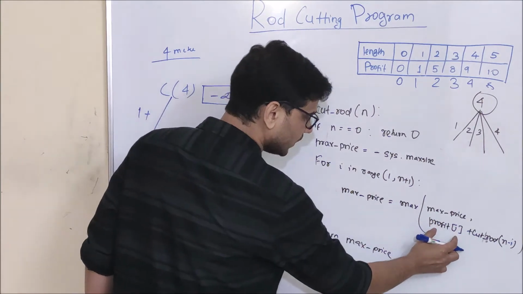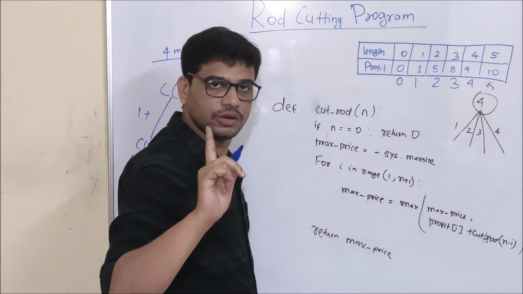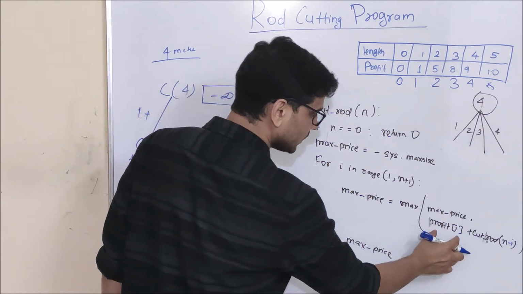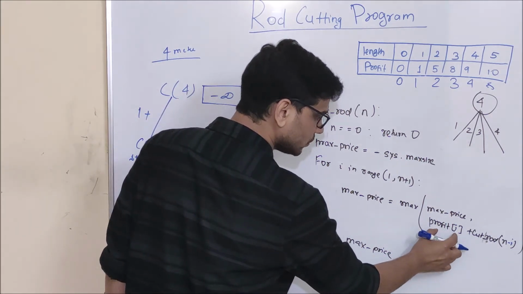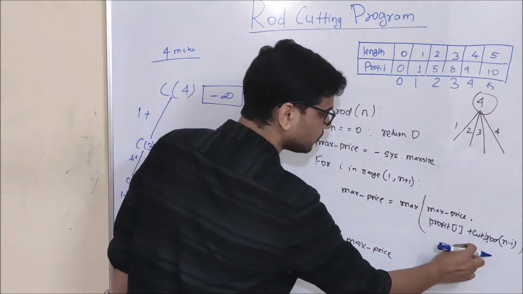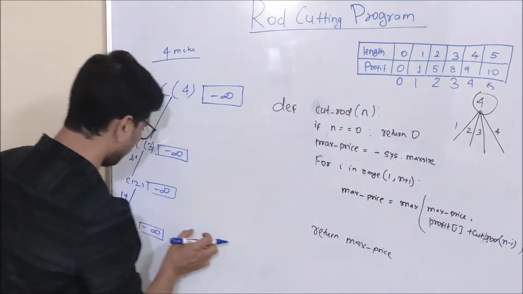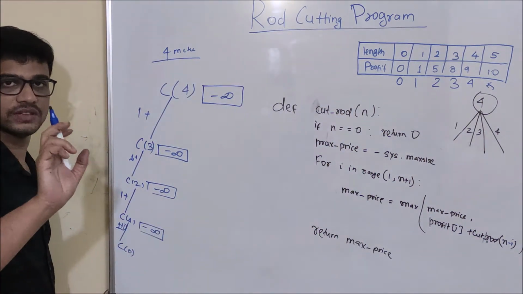For cutRod of 1, this for loop will execute for i equal to 1 only. And here you can see that profit for 1 is equal to 1 and cutRod of 0 is returning me 0. So this one is 1 plus 0 and right now my max price is minus infinity.